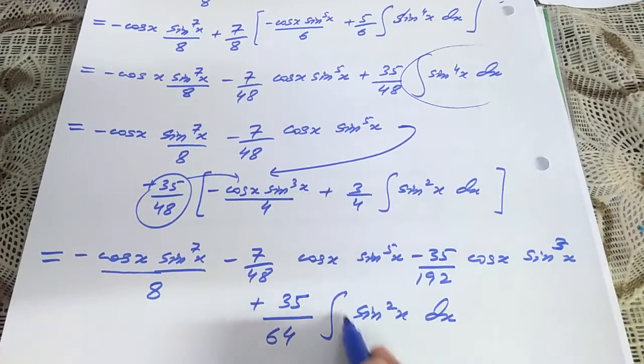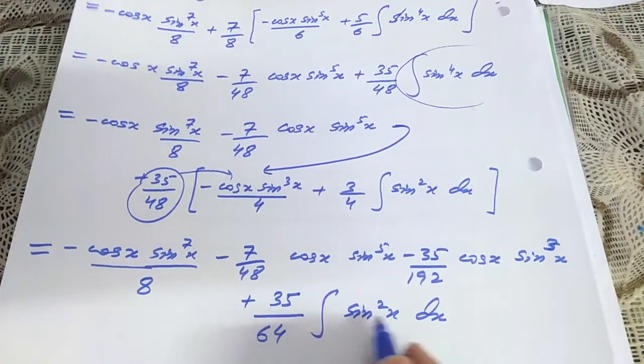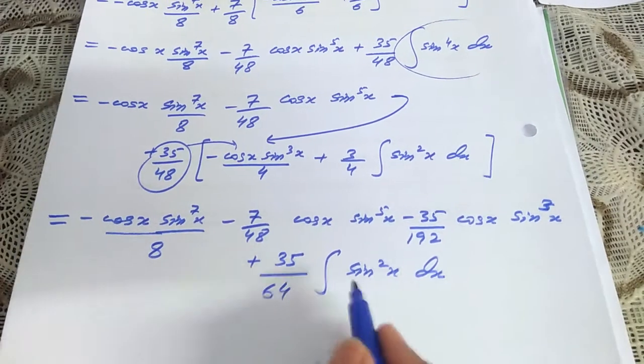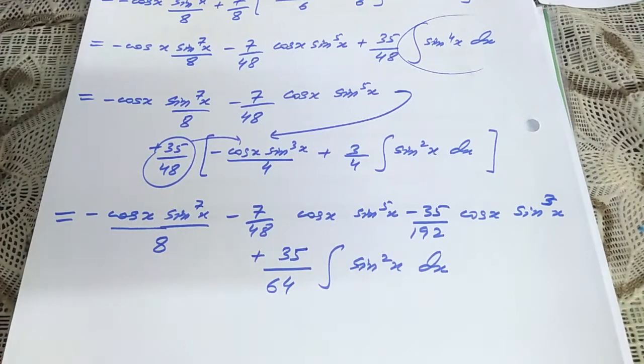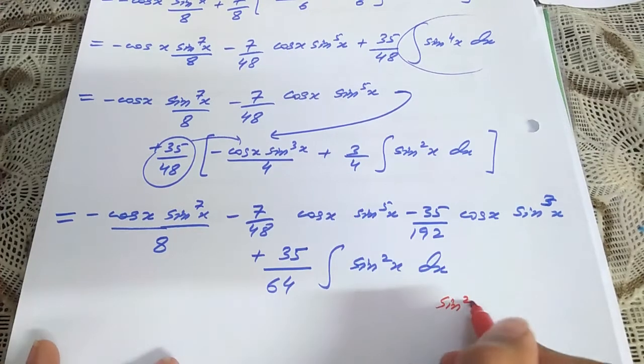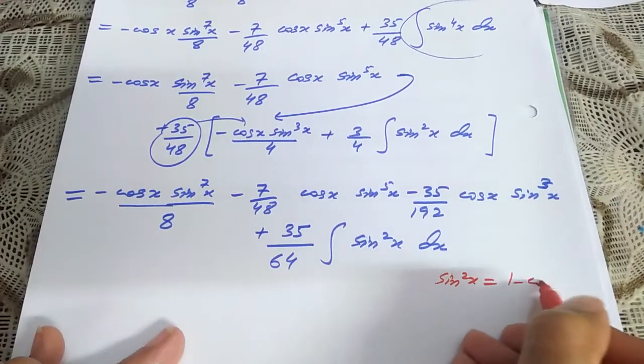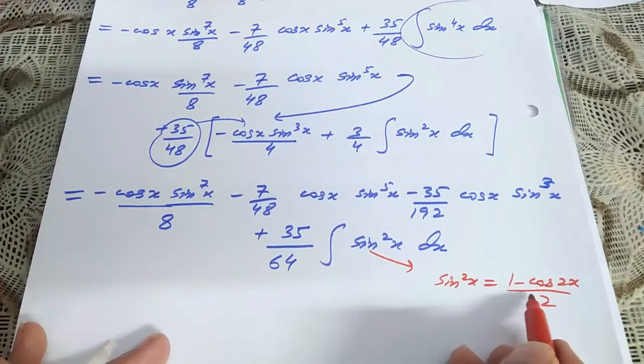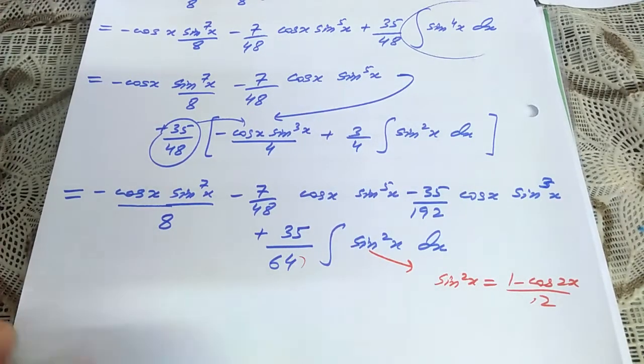Now this sine square of x, you know that we can replace it with 1 minus cos 2x divided by 2. We know that sine square of x is equal to 1 minus cos 2x divided by 2. Replace it with this value, move this 2 outside, multiply it with 64.